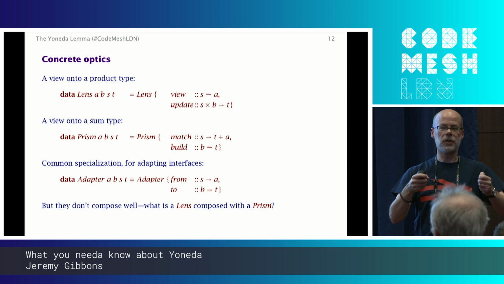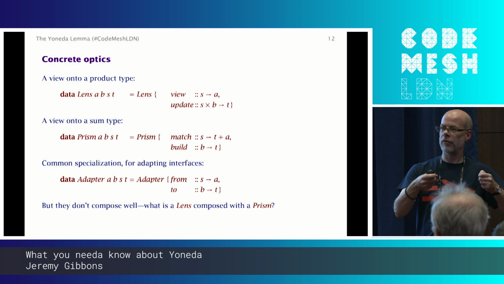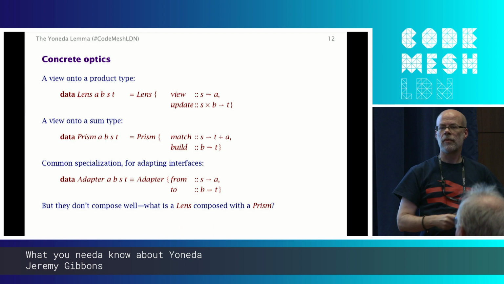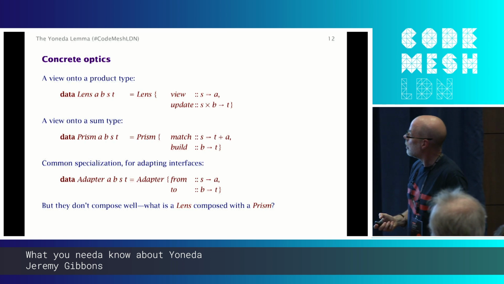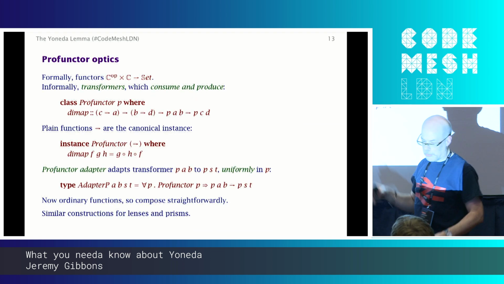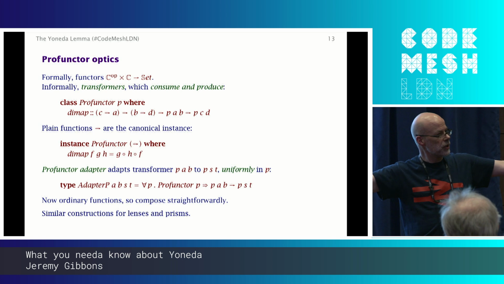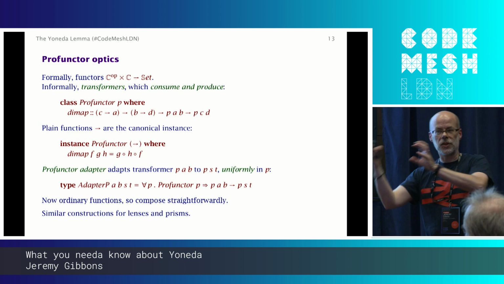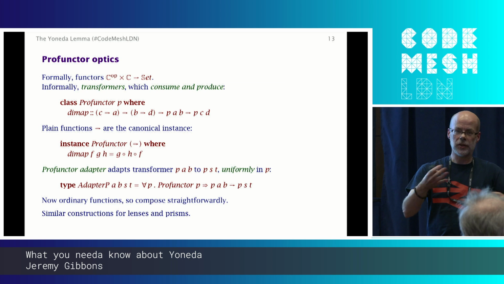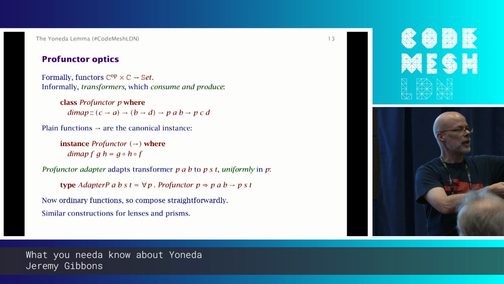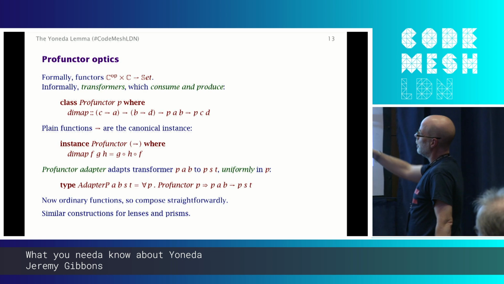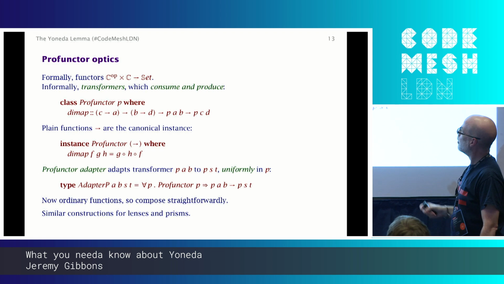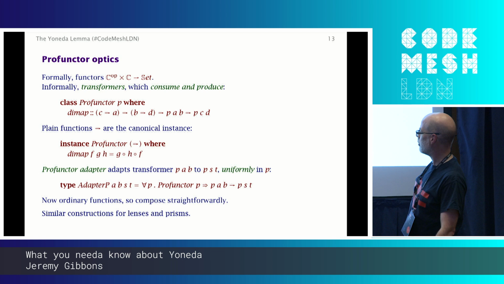You need to turn your triple into nested tuples, do the library function stuff, and then turn it back into a triple again. That's what this adapter lets you do. And this says, well, if you've got any way of turning your A's into B's, then this is a way of turning S's into T's. You turn your S's into A's, you do the library stuff from A's into B's, and then you turn the B's back into T's again. So it's the same picture that's going on, really. But it's a natural operation on profunctors. In fact, it's the functorial action of profunctors.